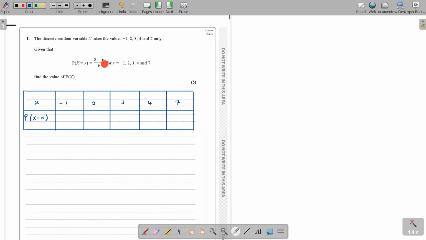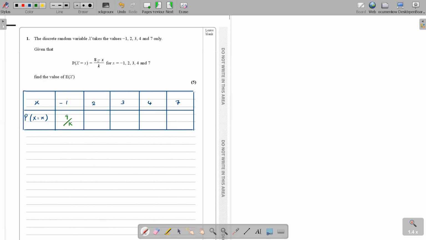When x is -1, children, replace the x here with -1: 8 minus -1 divided by k, which gives you 9 over k. So when you replace x with -1, 8 minus -1, that's 9 over k.